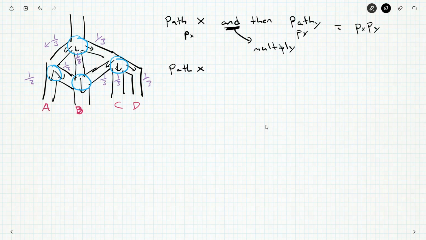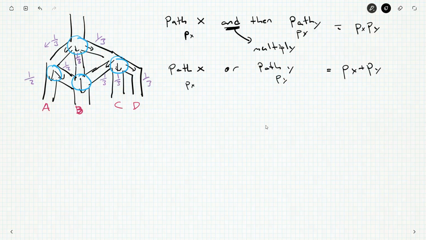Now, there's one other thing to talk about, and it's OR. If he takes path X or path Y, again with these probabilities, P little x, P little y, then to get the combined probability that he does path X or path Y, we add the 2 up. Okay? So why is this relevant?